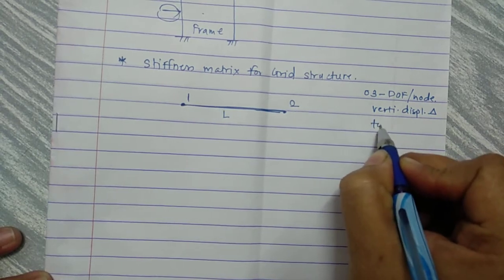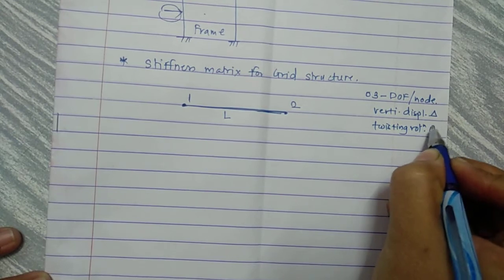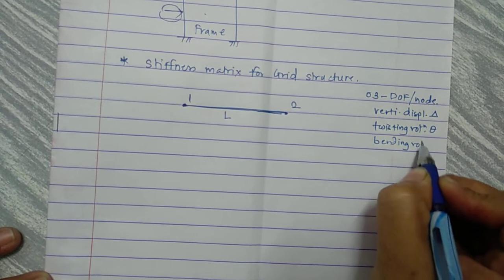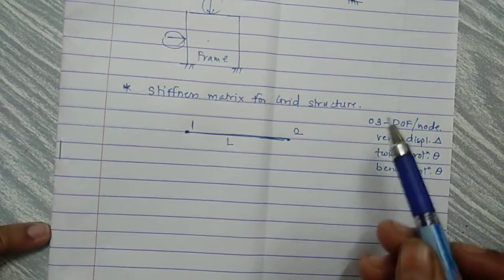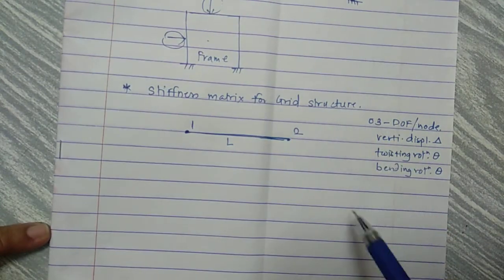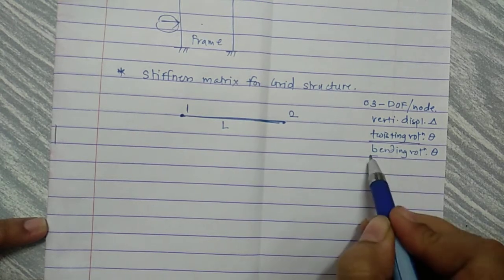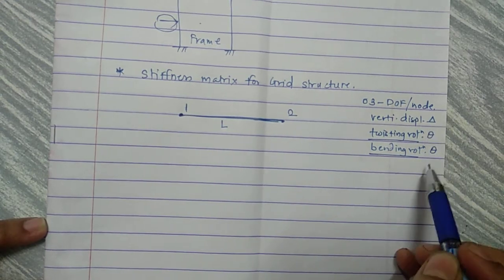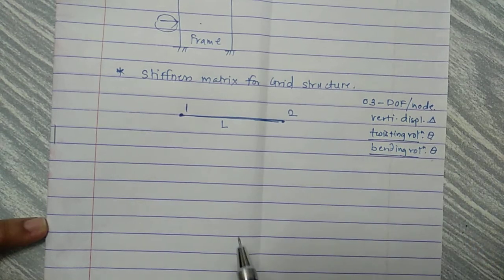Second is twisting rotation, theta, and third is bending rotation, because two types of movements are there, bending moment and twisting moment. So the displacements corresponding to those actions are twisting rotation and bending rotation. Okay, so three unknowns are there for grid structure: delta, theta in twisting, theta in bending.